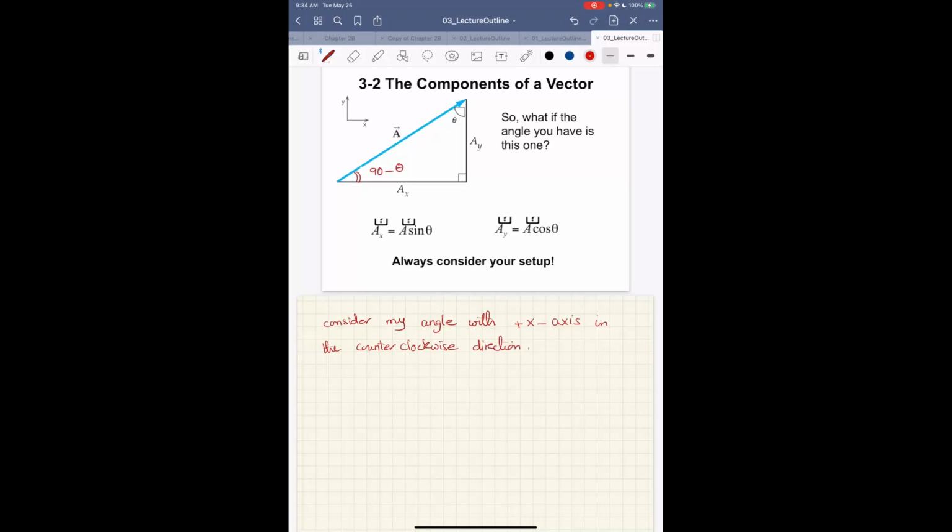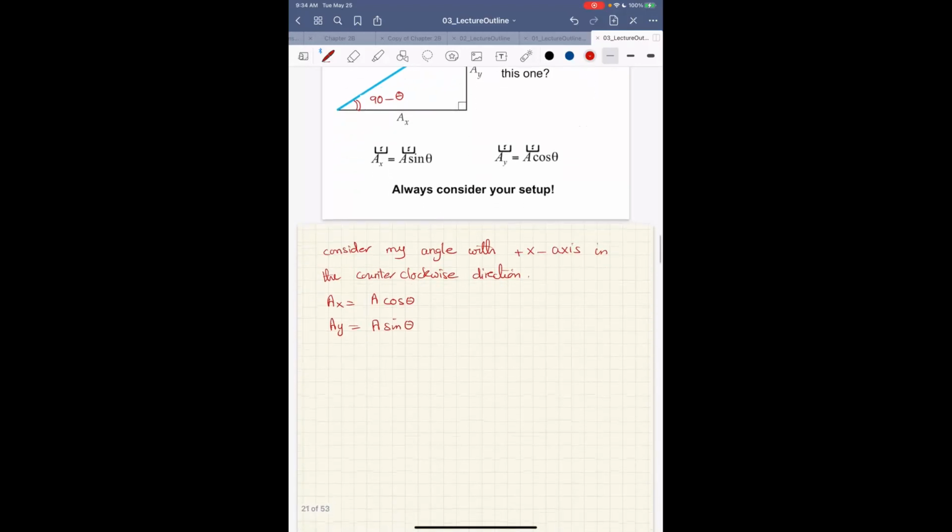Because of that, my AX is always going to be A cosine and my AY equals A sine. Let me show you what I mean by this.